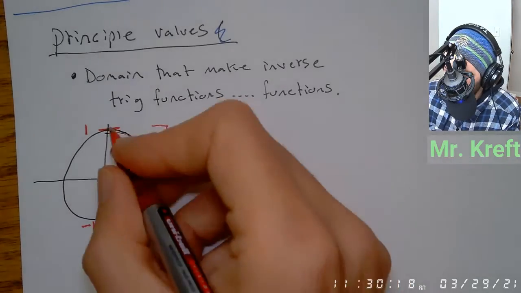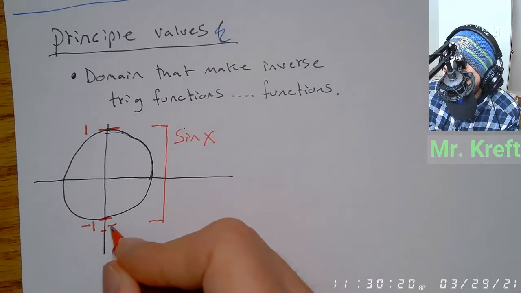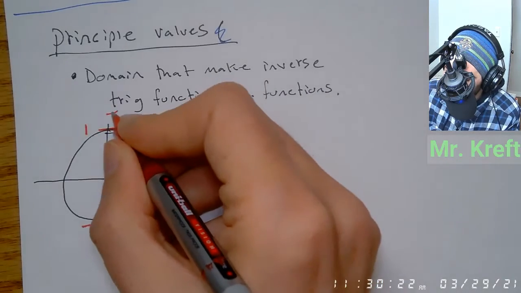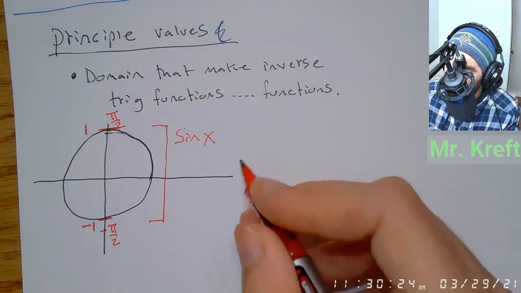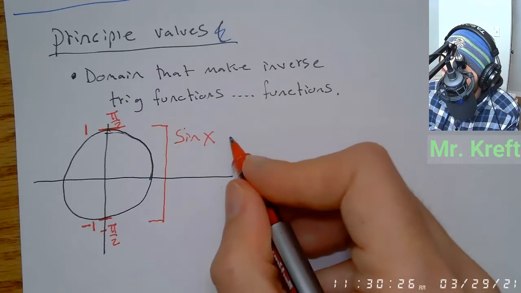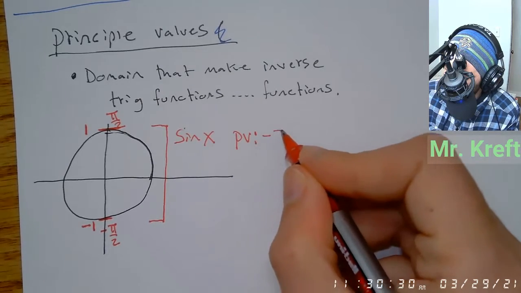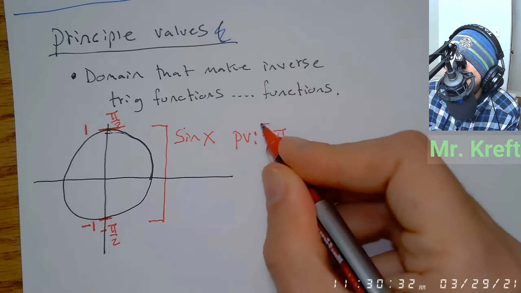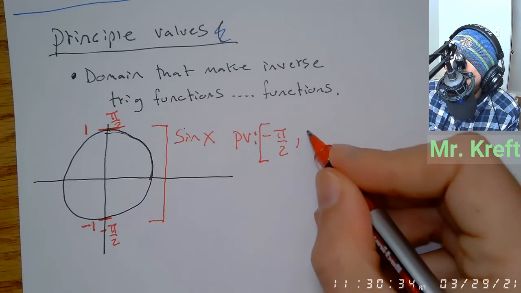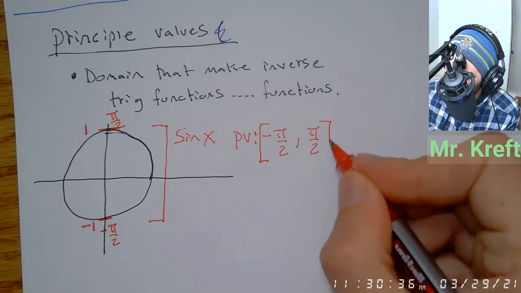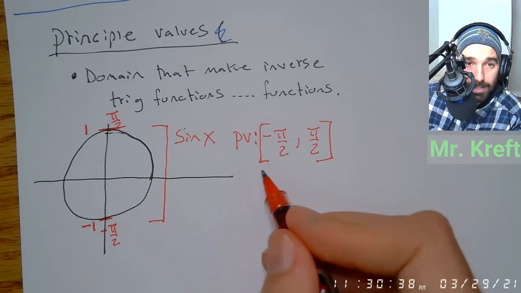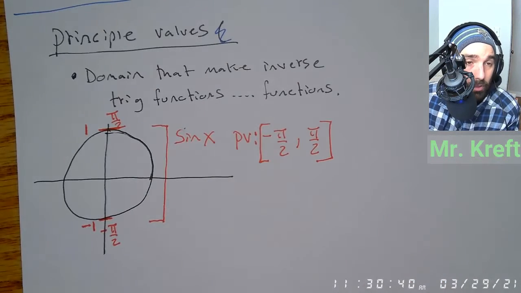So what they do for sine is they go from negative pi over 2 to pi over 2. So the principal values, I'm going to call them PV, go from negative pi over 2 to pi over 2, and I'm using the brackets to say that it can include those numbers.